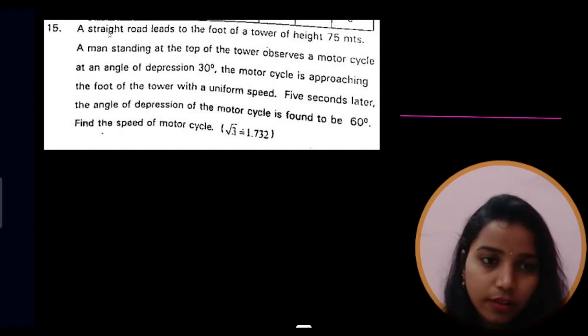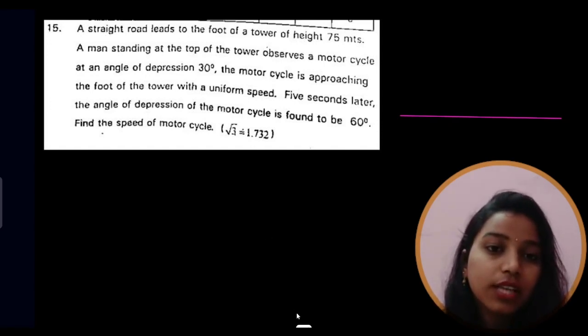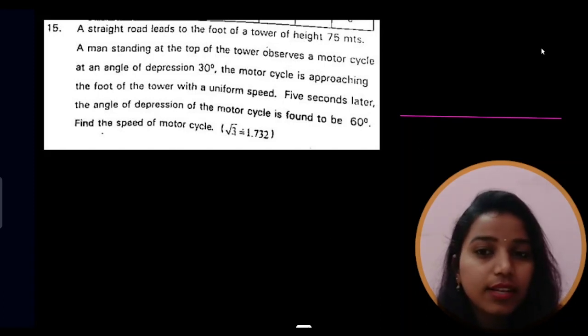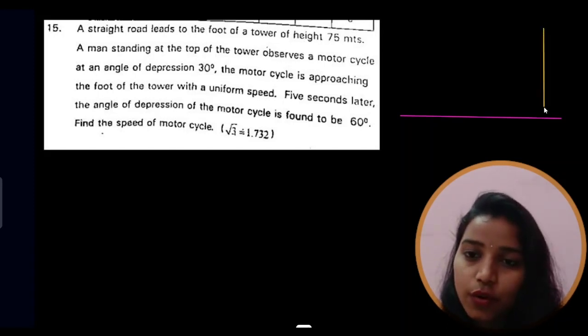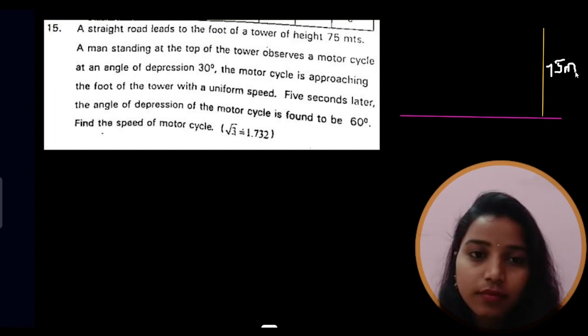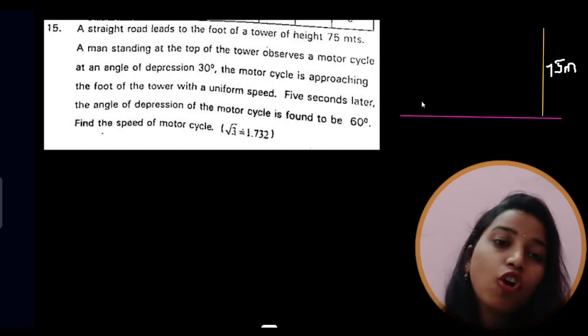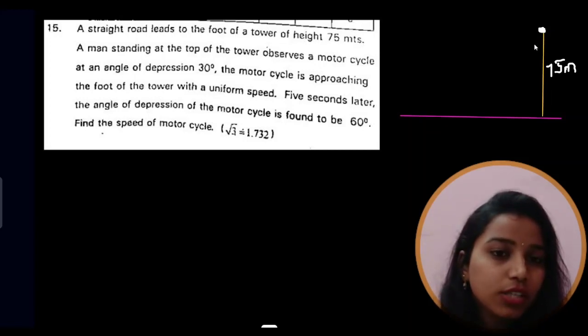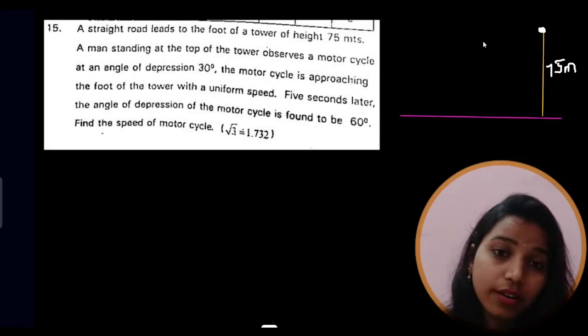So it is the straight road and the foot of the tower. So here we need a tower, right? So the tower is of 75 meters. Here I've considered a tower which is of 75 meters, and then a man standing at the top of the tower is observing a motorcycle.